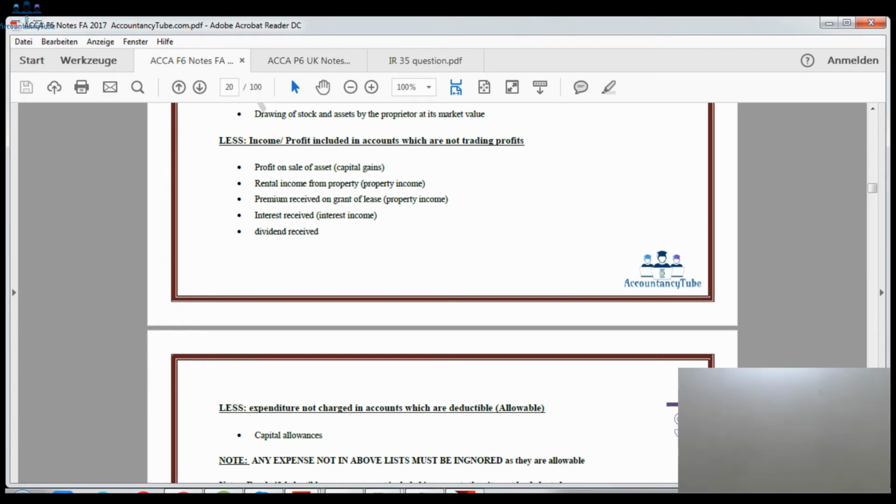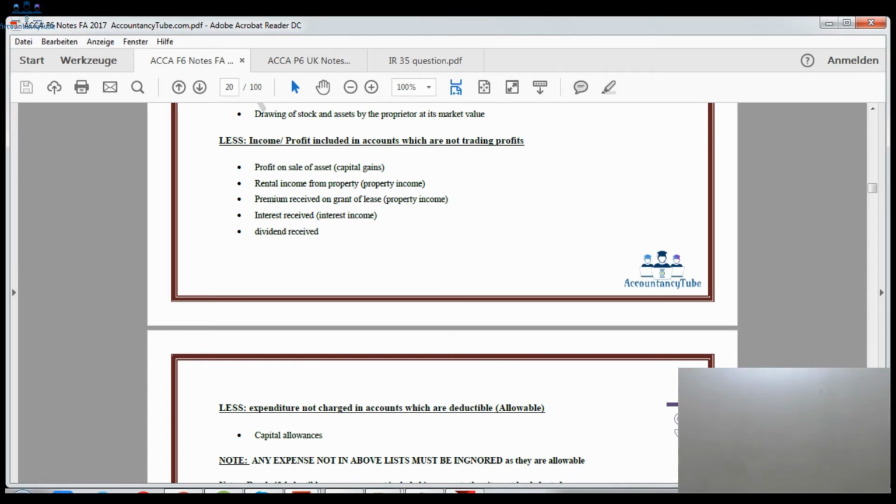Now the third thing is income or profit which are not trading profits. So we will deduct the income or profit which is included for our accounting purposes, however, which are not trading profits. For tax purposes, we don't have to pay tax on that.